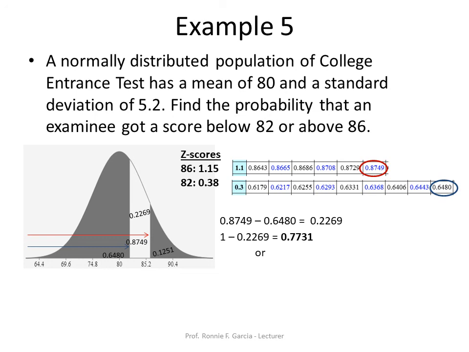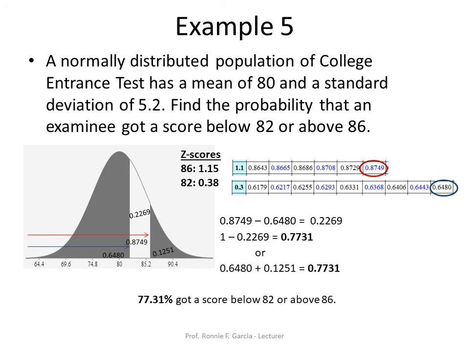If we are going to check, 0.8749 plus 0.1251 is equal to 1. Therefore, this shaded part here on the right side of the curve is 0.1251. Plus, the area that is also on the other side that is shaded is 0.6480. If we add the two, that's 0.7731. So we still get the same answer. Either way, we can get the same answer, 77.31%. So that's 0.7731 or 77.31%.